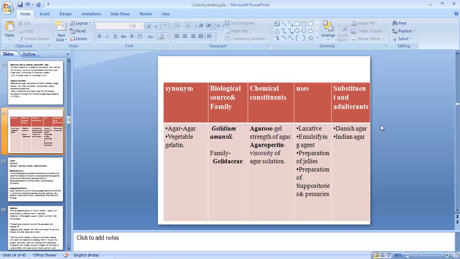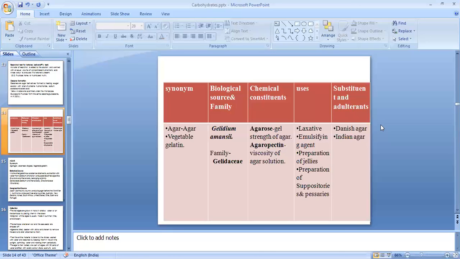Synonym for agar: it is otherwise called agar-agar or vegetable gelatin. The biological source, only the name of the species I have given here, that is Gelidium amansii, belonging to the family Gelidiaceae. For your easy remembrance, I have given it like this. And the chemical constituents: agarose, which is responsible for its gel strength, and agaropectin, which is responsible for its viscosity.